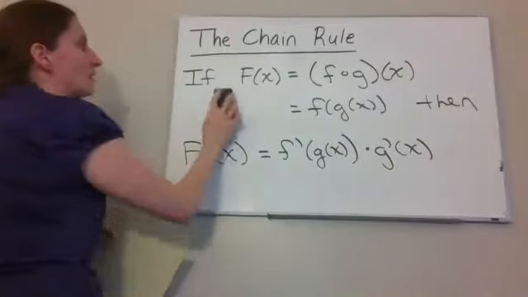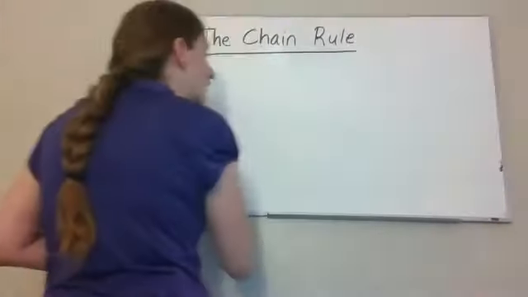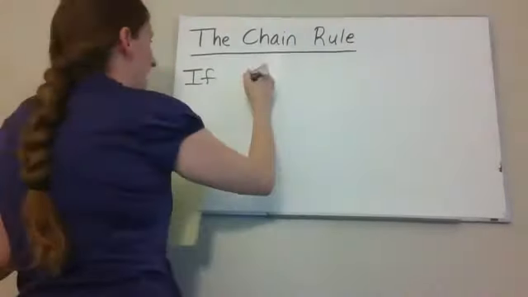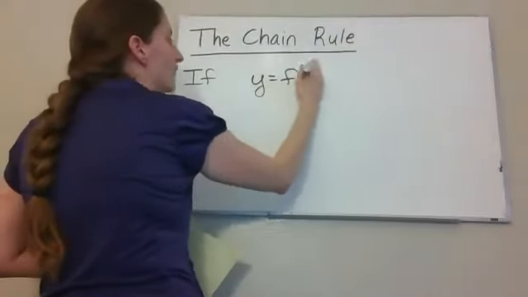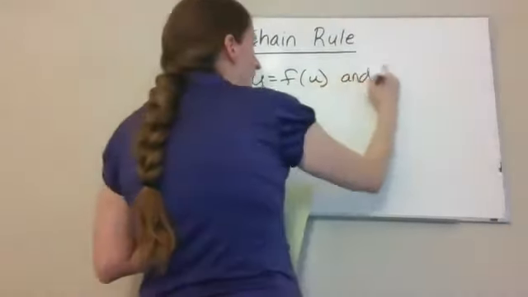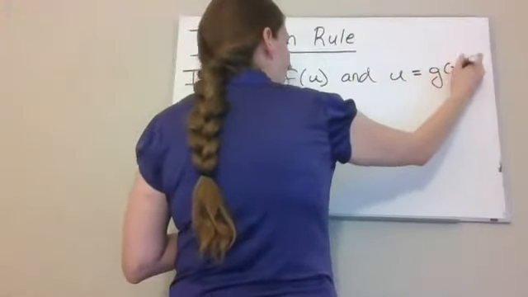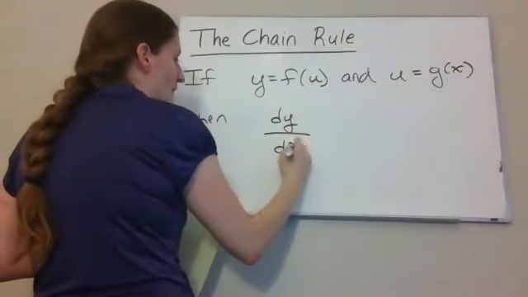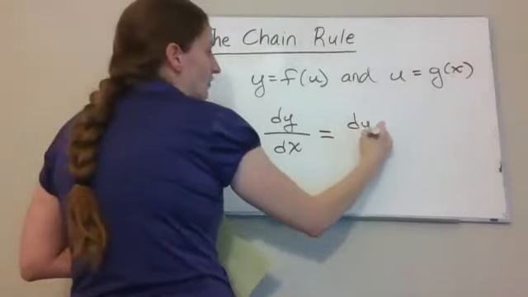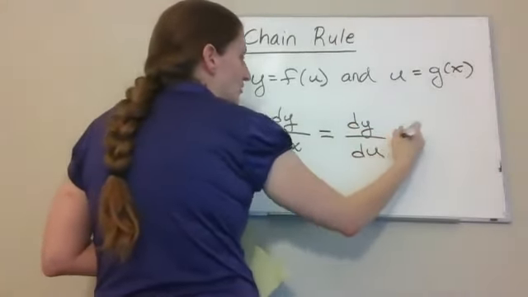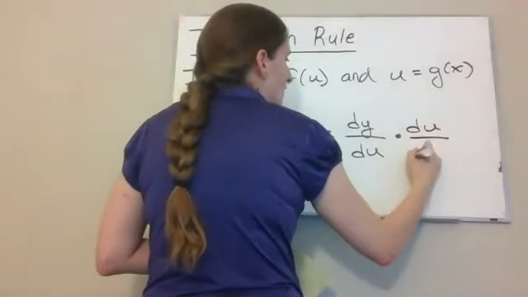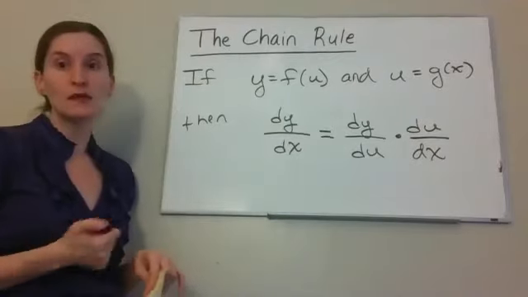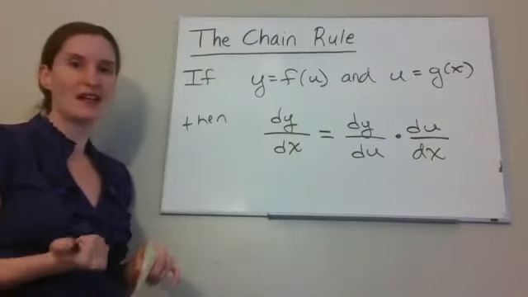So the other definition of the chain rule, which is equivalent, it's just using our other notation, says if y is a function of u and u is a function of x, then the derivative of y with respect to x is equal to the derivative of y with respect to u times the derivative of u with respect to x. And this is still the same thing. It's the derivative of the outside function times the derivative of the inside function.